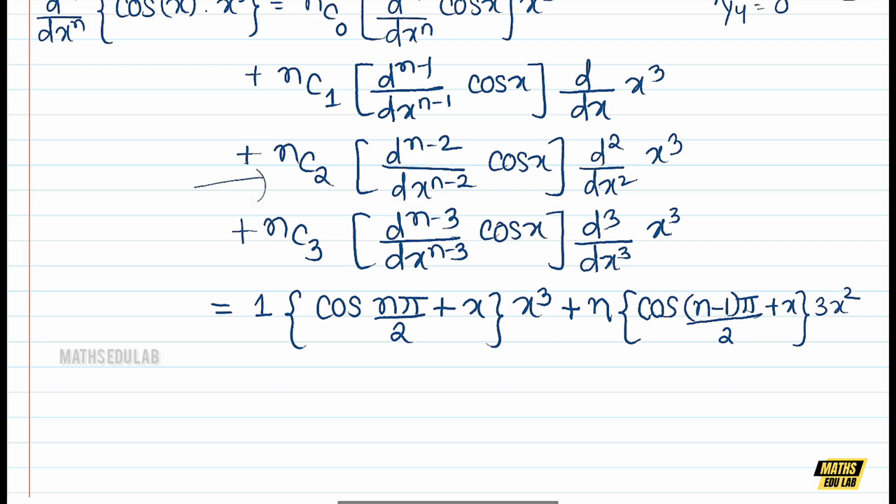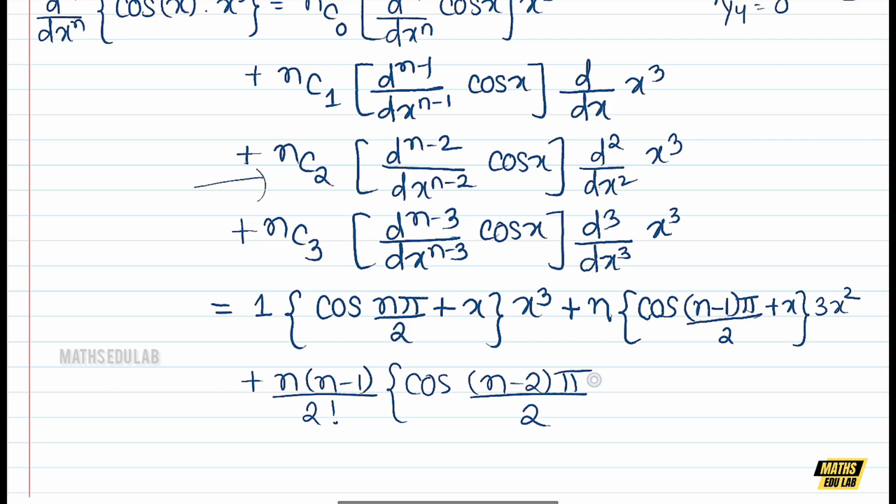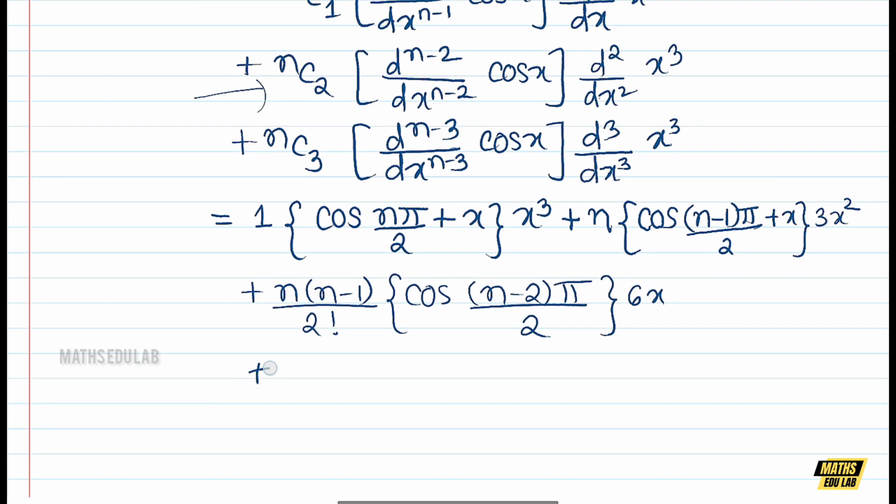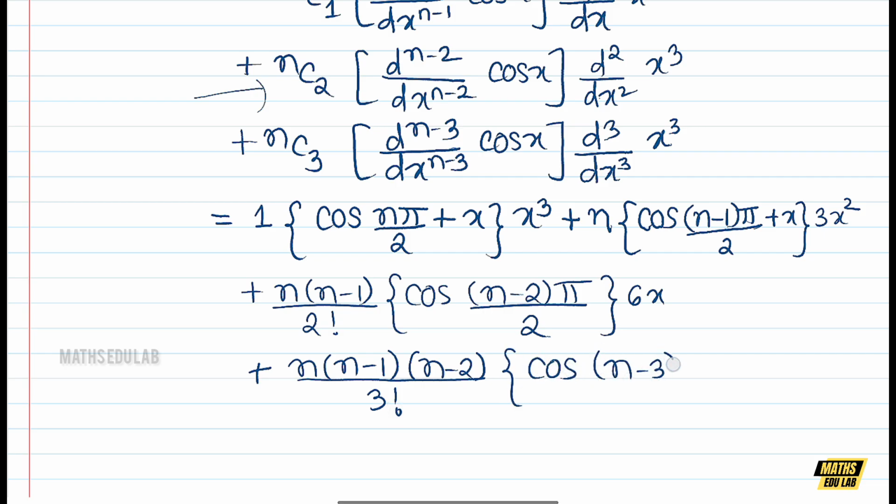Then nC2 is n into n minus 1 by 2 factorial, times cos of (n minus 2) pi by 2 plus x, times the second derivative of x cube, 6x. Plus nC3, which is n into n minus 1 into n minus 2 upon 3 factorial, times cos of (n minus 3) pi by 2 plus x, into 6.